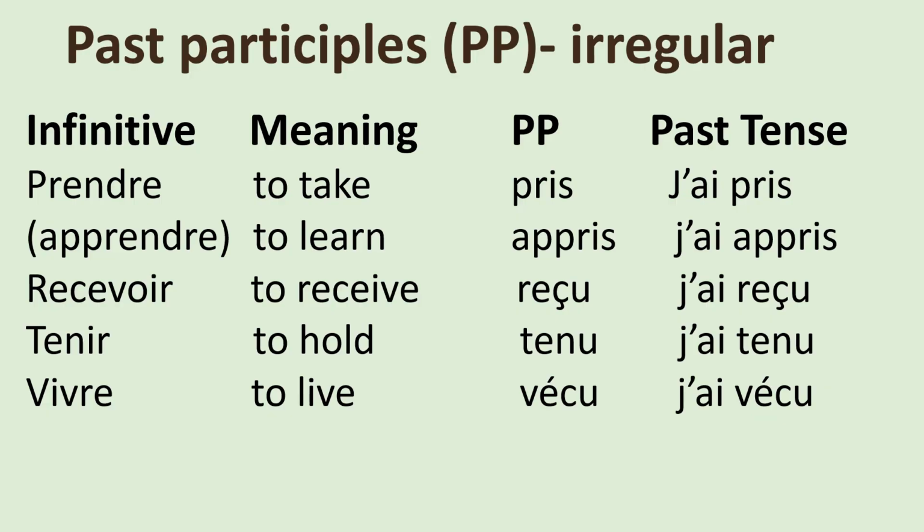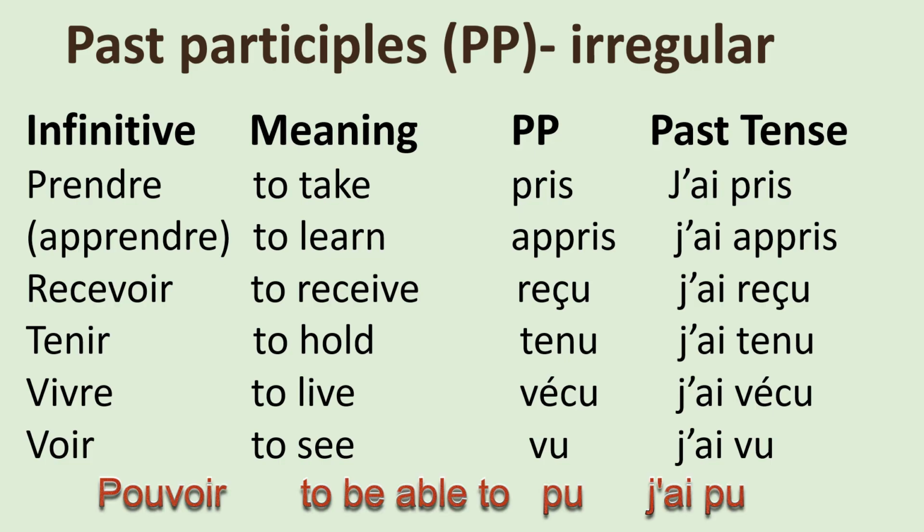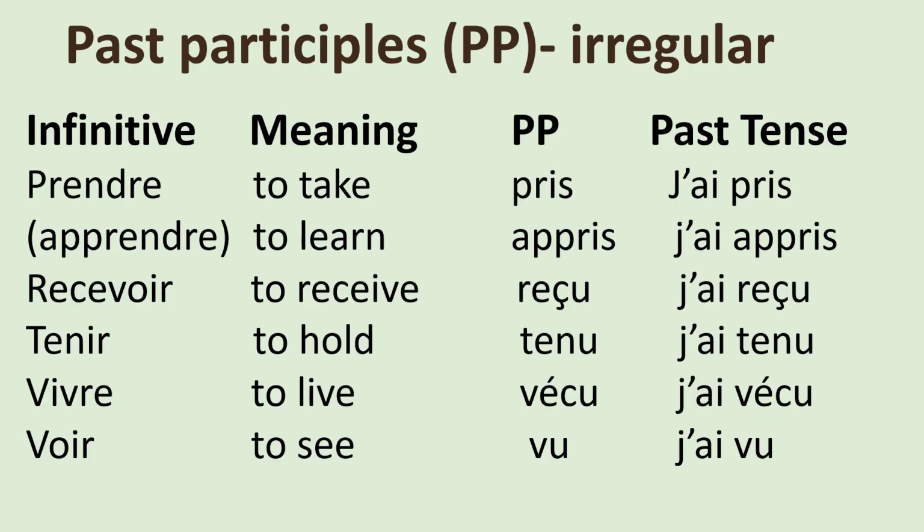So vécu, j'ai vécu. And the last one, voir, to see. Vu, j'ai vu. And that will be I saw. So it looks like a lot of irregular verbs, but you know, it's just like in English. I had to learn quite a few of them too. So if you learn all these, you should be able to use the past tense without any problem.